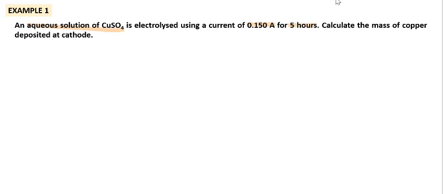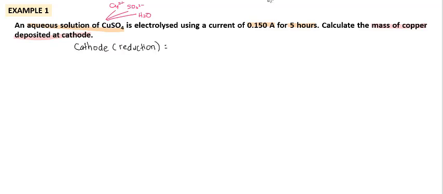The question asks us to calculate the mass of copper deposited at the cathode. Since the aqueous solution of copper sulfate consists of 3 species, which are copper 2 plus, sulfate ion, and water, at the cathode, we know that copper 2 plus and water are attracted to the cathode, but copper 2 plus will be discharged at the cathode since it has a more positive E value. The question already mentions that copper is deposited at the cathode, so it helps us determine which one will be discharged.